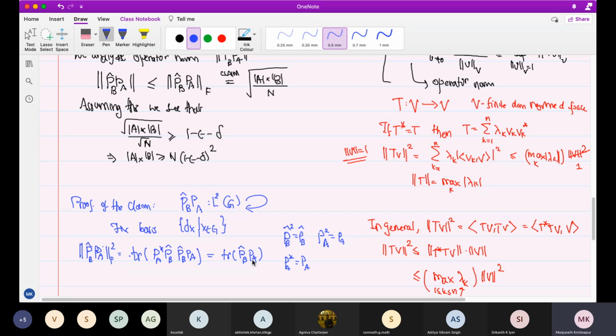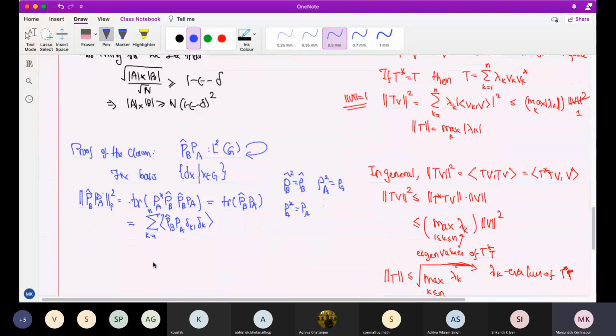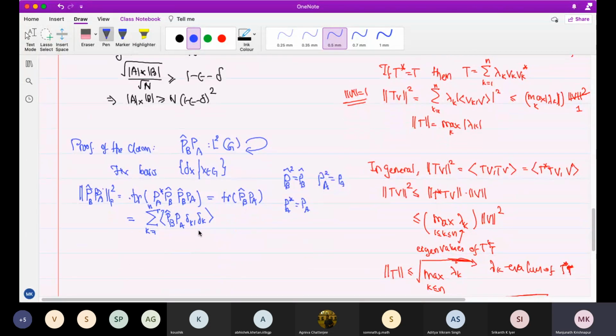So this trace we will calculate in this particular basis. So it will be the sum of P_B hat P_A delta K inner product delta K. So what is the K comma K entry of this matrix? That is the question.